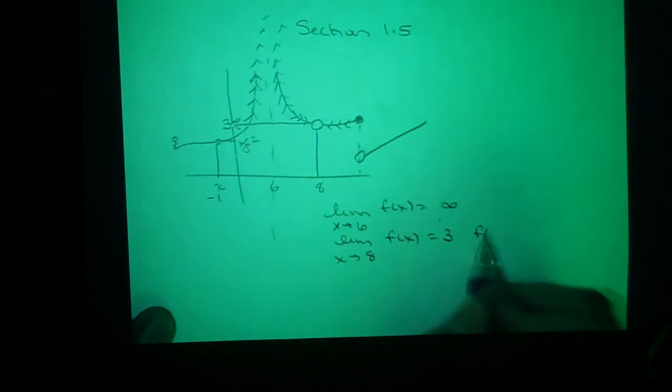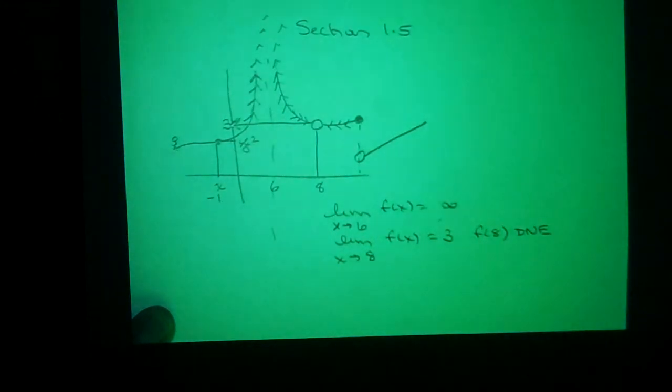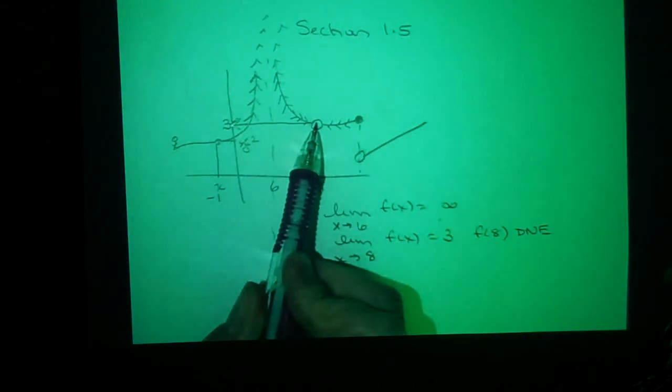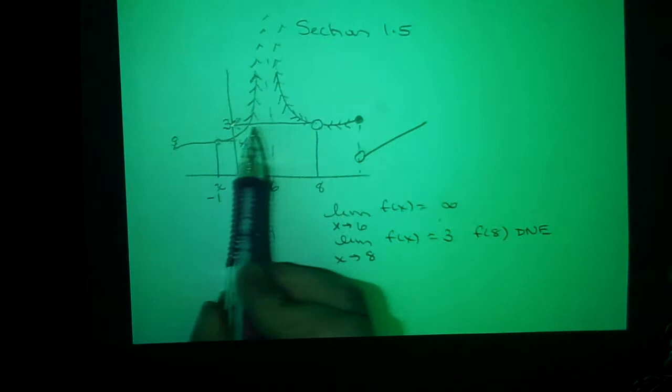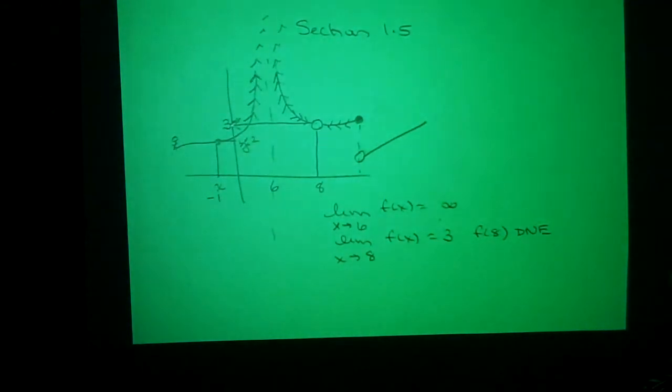But the function value of 8 does not exist. It's a hole in the graph. There's no function value there. But there is a limit, a limiting value of 3.